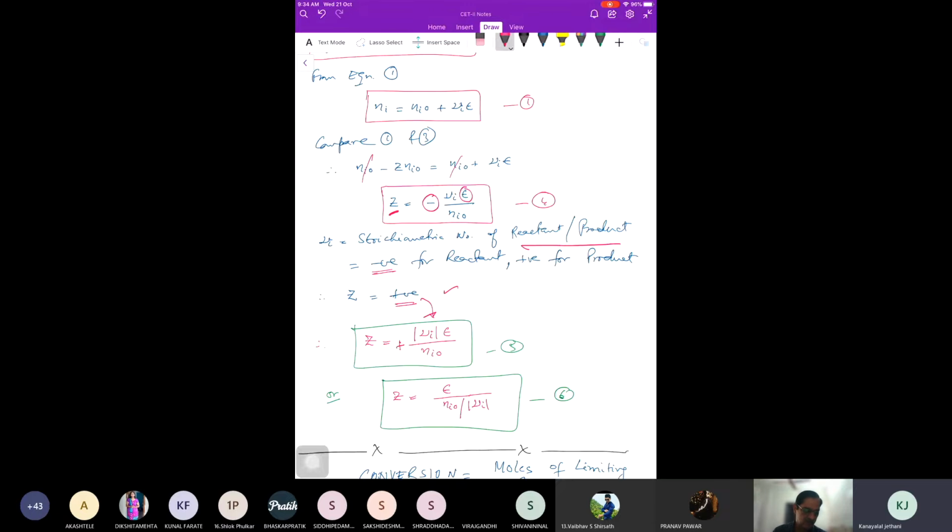We can write this equation as z is equal to epsilon upon n i zero upon the absolute value of nu i. Equations 5 and 6 are the same. Whether we put it in the denominator doesn't matter, we can write equation 5 as the absolute value of nu i into epsilon upon n i zero. So if we take any component, reactant or product, and if you know the stoichiometric number, take the absolute value of that number into epsilon divided by the initial moles of that reactant or product, and that will give us conversion.